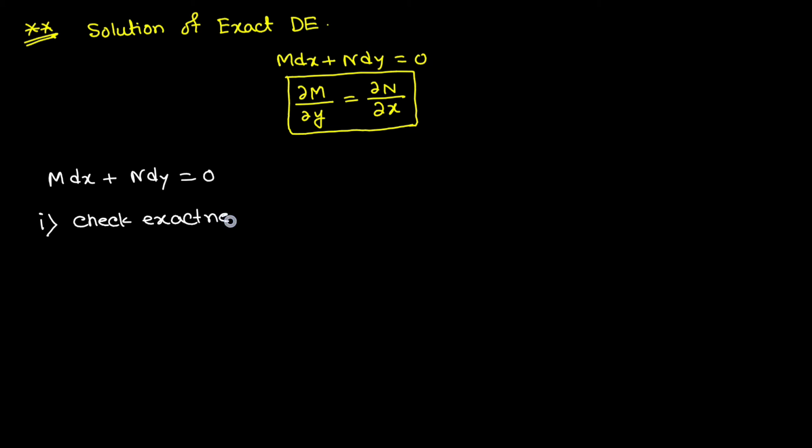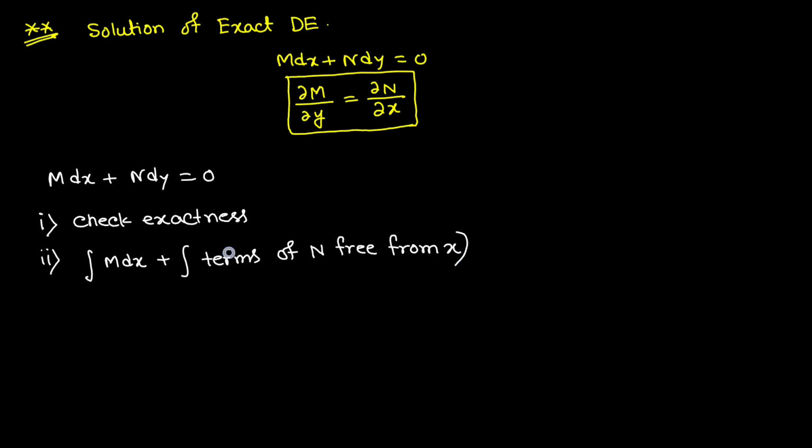Second step is you have to find out the solution, and directly you have to use this formula. What is the formula? Integration m dx plus integration terms of n free from x dy equals to integrating constant c.